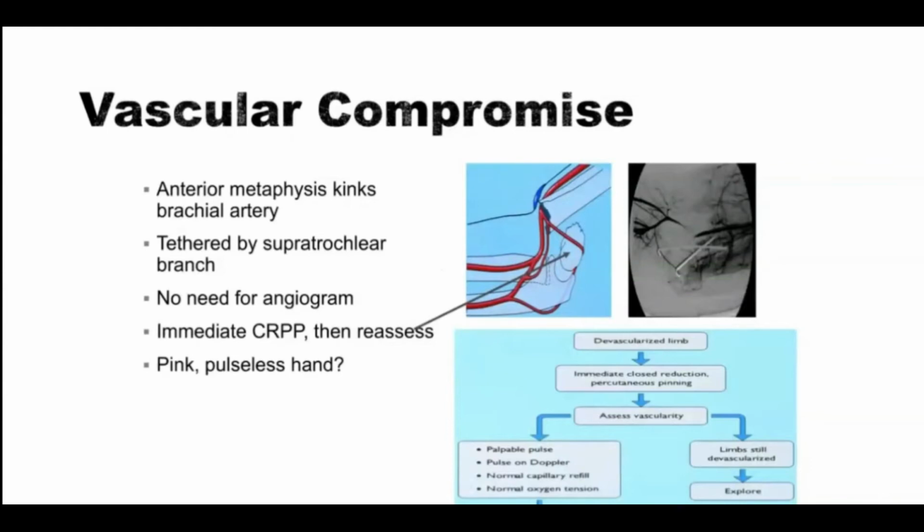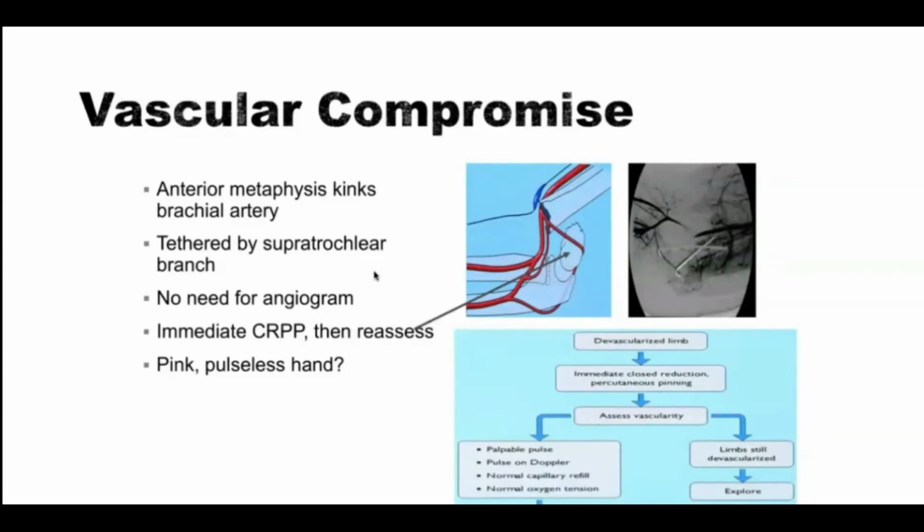Vascular compromise, we talked about this in terms of the examination, but it's very unlikely to have a true vascular injury in a supracondylar fracture, but I think it's always good to be aware that that is a possibility. I gave a lecture to ER residents and fellows, and they felt the rate of arterial injury in supracondylar fractures was something on the order of 30 to 40%, but it is less than 1%.